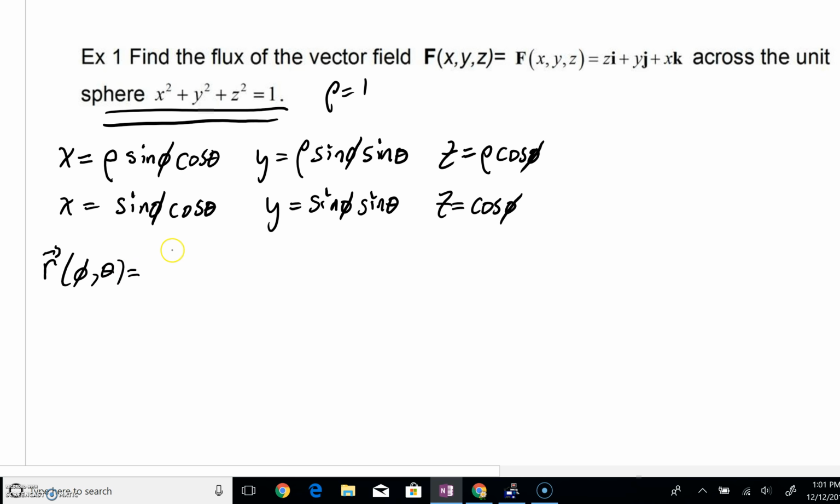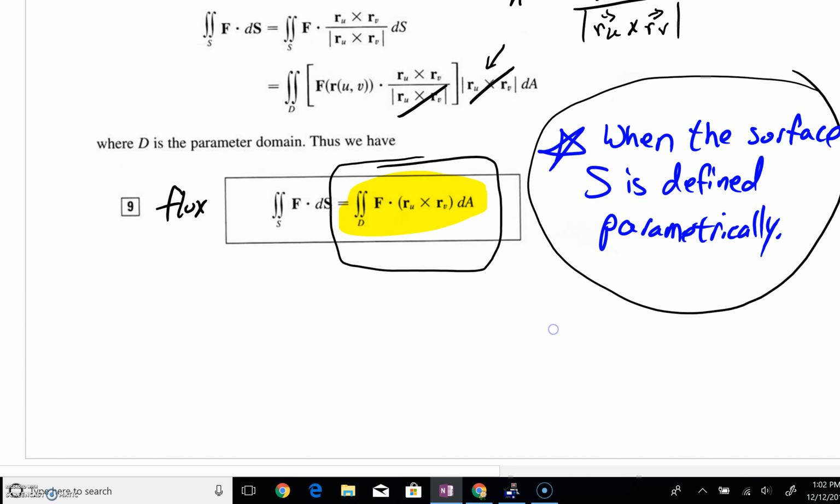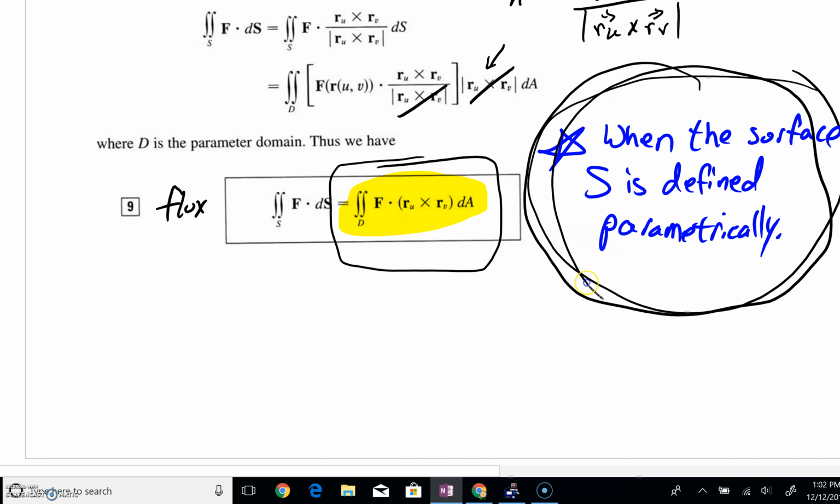We could write this out in bracket notation. We could say, hey, that's just sine of phi cosine of theta. Here we'd have sine of phi sine of theta. And then for our z component, we've got the cosine of phi. So that's very important to get you started to finding flux. Why? Because what I've circled right here in blue writing, you've got to have your surface defined parametrically.